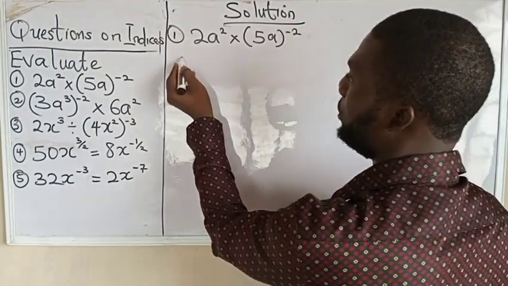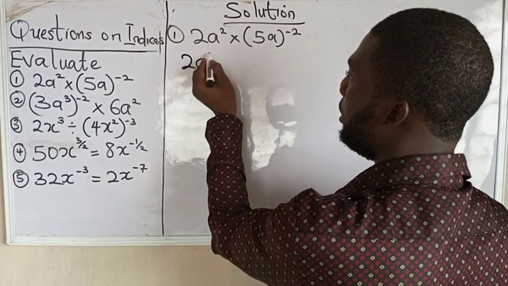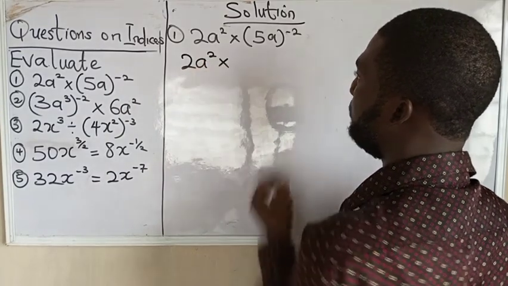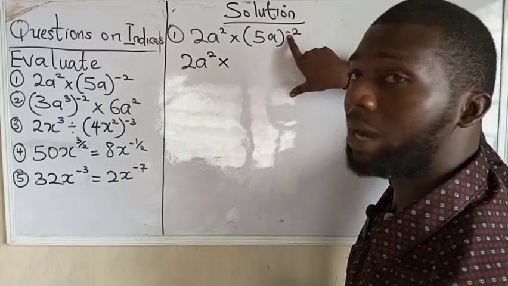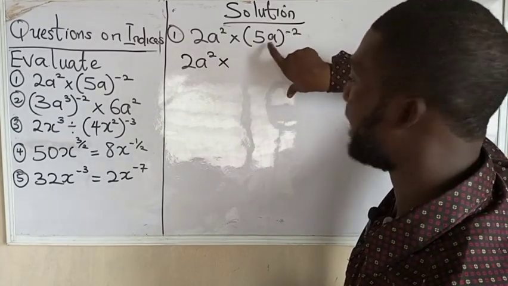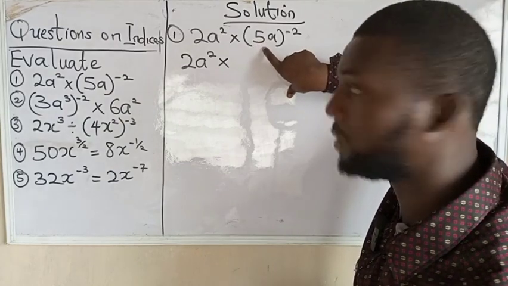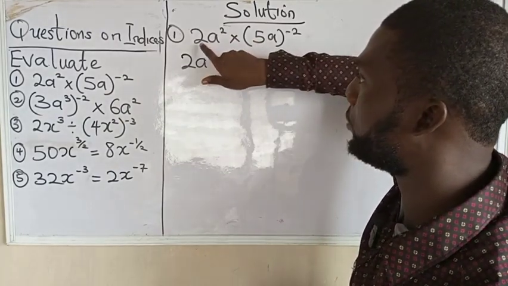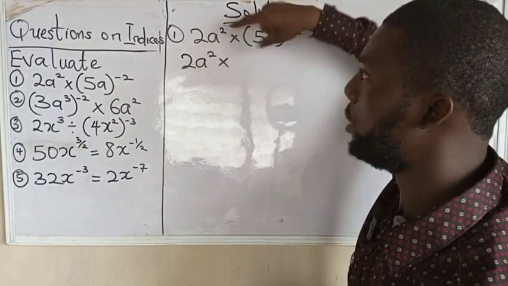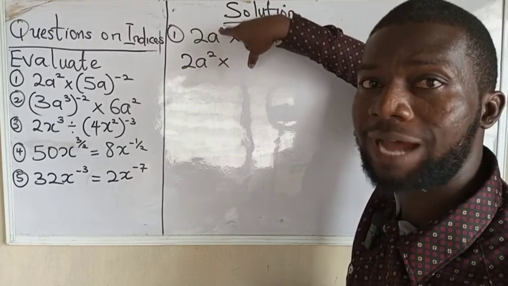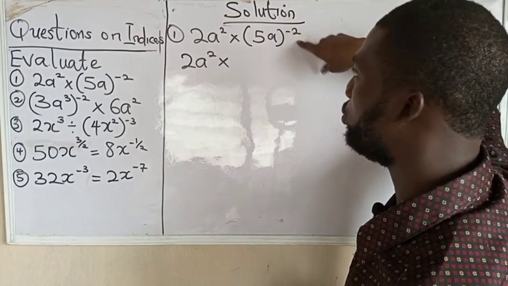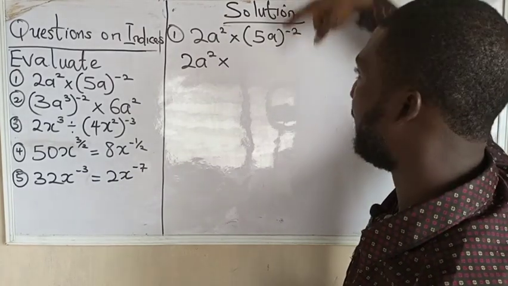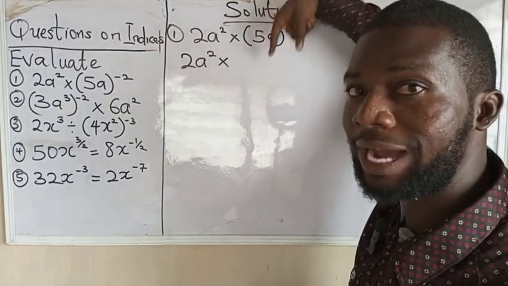So from here, I will say this is (2a)^2 times, now listen please, as you can see, this power minus 2 covers everything in this bracket. Unlike the first one, where we have (2a)^2 and the 2 is affecting only a, the power minus 2 here affects both 5 and a.